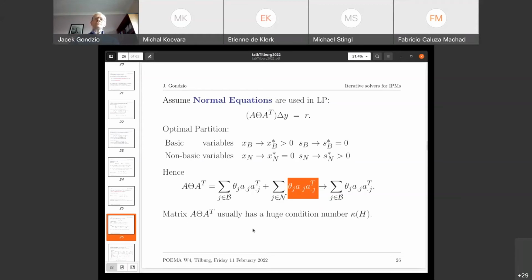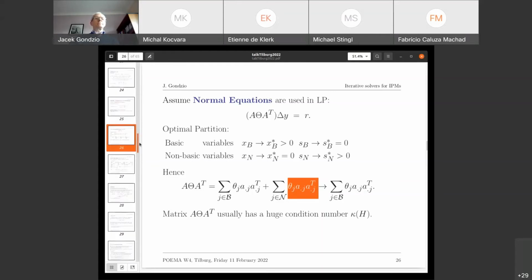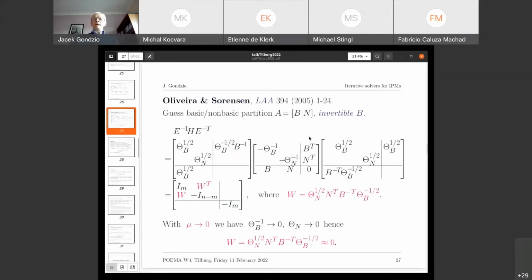Well, this means that we could approximate maybe the matrix like this by taking only basic part of thetas. So only a subset of variables will really determine the behavior of this matrix. And this has indeed been used by Oliveira and Sorensen to design a preconditioner for augmented system.